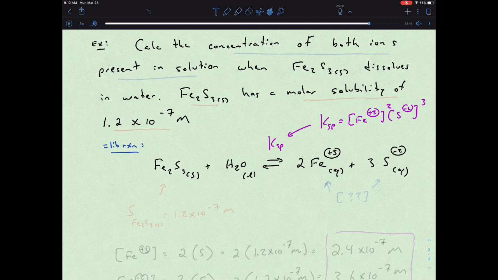Right now, we just want to figure out the concentrations of both ions present in solution. So we're looking for the concentrations of these 2 ions, namely the iron +3, the ferric iron, and the sulfide. We also have this molar solubility, which is always in terms of that starting solid. So we actually know its solubility.